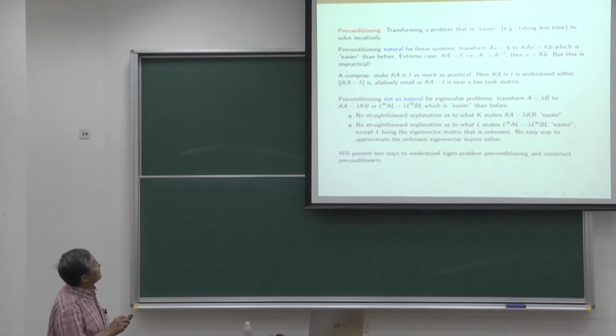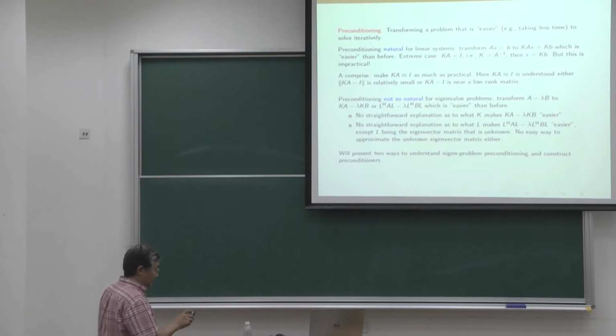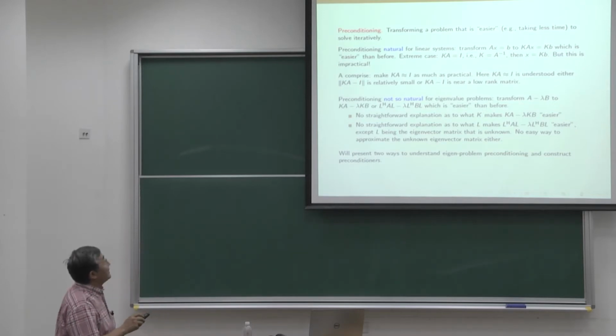So there's a compromise. We cannot do the extreme, KA equal to identity, because that's not practical. It's the same as solving the original problem. What we can do is make KA almost identity.